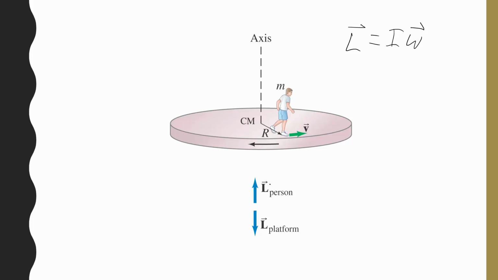And so their angular momentum would be up. But just like with linear momentum, if we create momentum where there was none to begin with, we need to have momentum in the other direction to cancel it out. So what's going to happen here is the disk is going to start rotating in the other way. And if you curl your fingers in that direction, then your thumb will be pointing down. And so the angular momentum of the platform will cancel out the angular momentum of the person, so that we can conserve angular momentum. And where better to see this than on The Simpsons? So enjoy a little clip here.